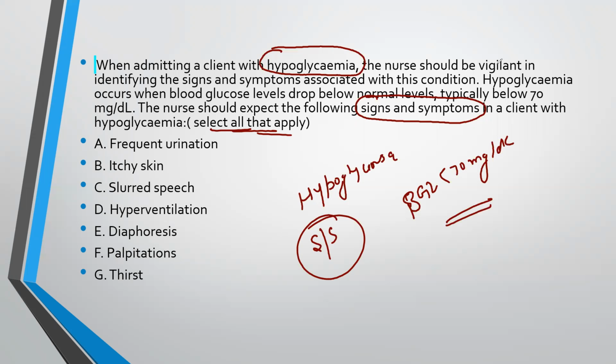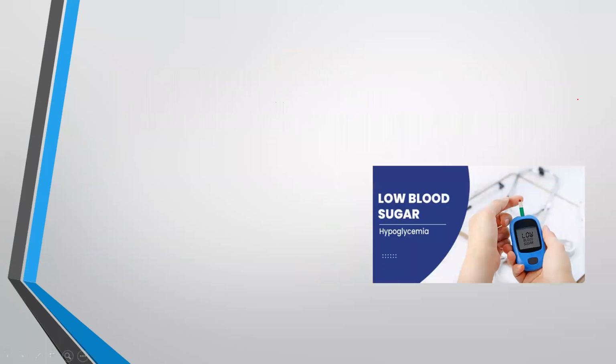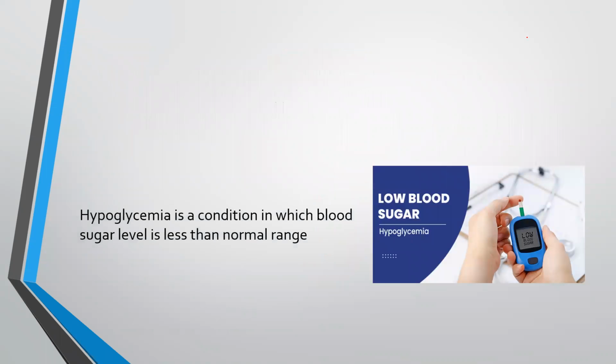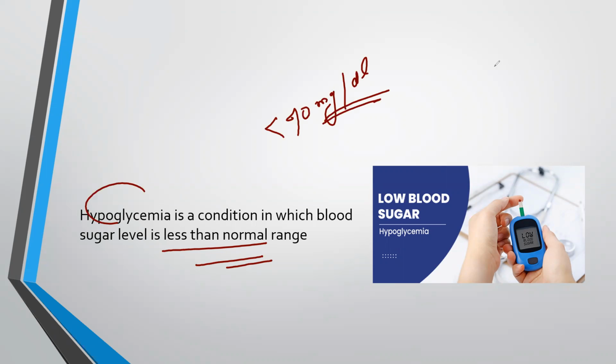Okay. So let's have a flashback on hypoglycemia. Hypoglycemia is a condition in which blood glucose level is less than its normal range, specifically less than 70 mg per deciliter.